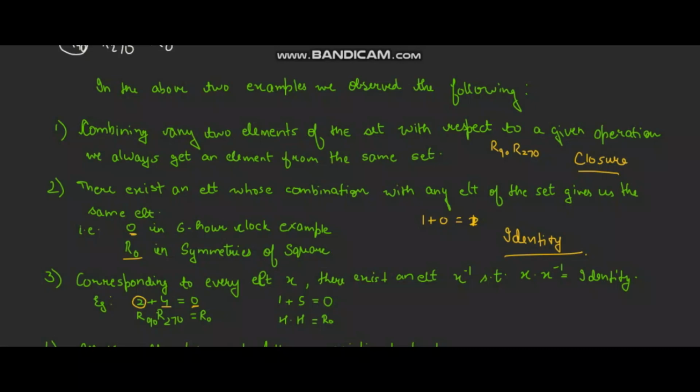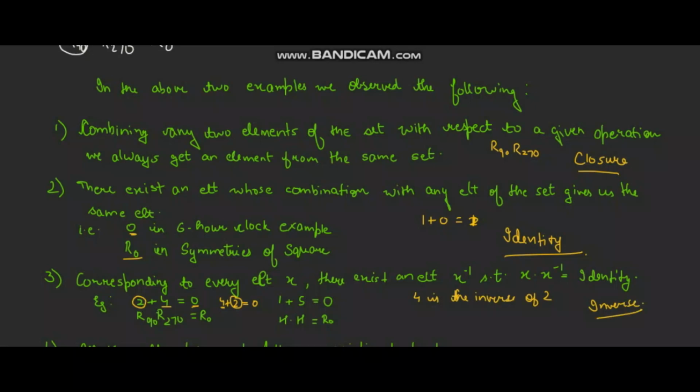Similarly 1 plus 5 is 0, and 5 plus 1 is 0. So these elements are called inverses of each other. Here we say 4 is the inverse of 2. So this property is the existence of an inverse of each element.